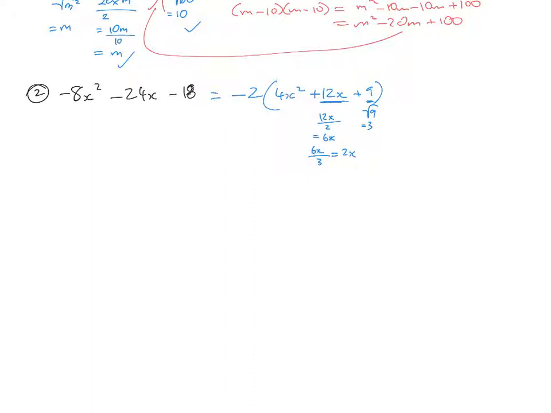Now we have to check if this 2x is the square root of 4x squared. How do I do that? Well, I can check by going 2x and squaring it. That becomes 2 squared times x squared, which is 4x squared. So 2x must be the square root of 4x squared if (2x) squared comes to the same thing.